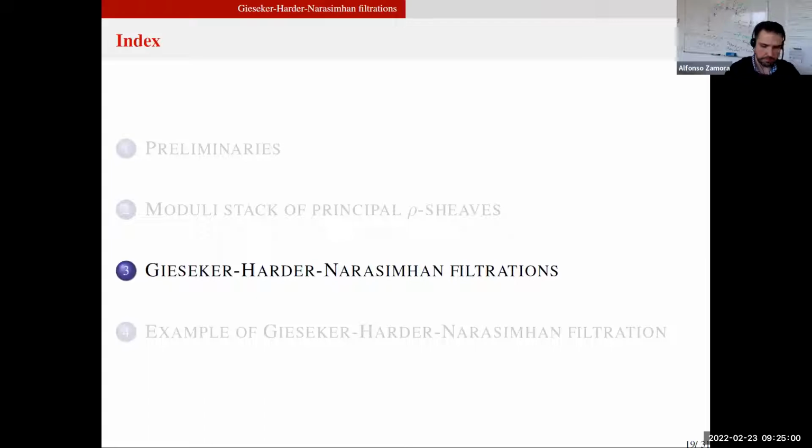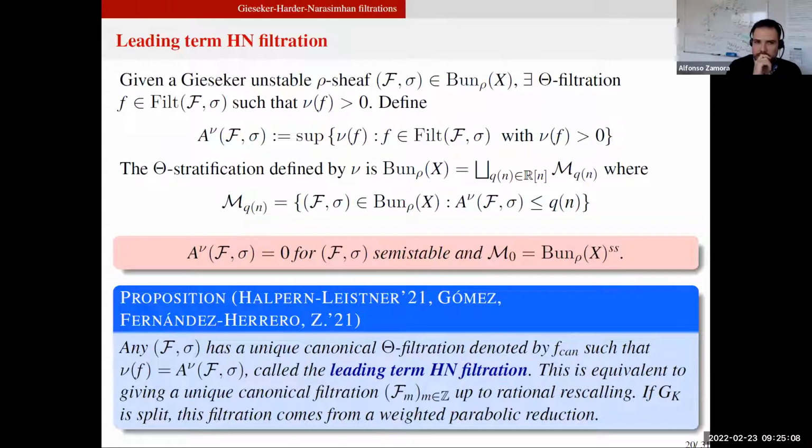Now let me say some words about what a Gieseker-Harder-Narasimhan filtration is and how to construct it. If we have an unstable object, then it is because there exists at least one filtration giving a positive quantity for this numerical invariant.